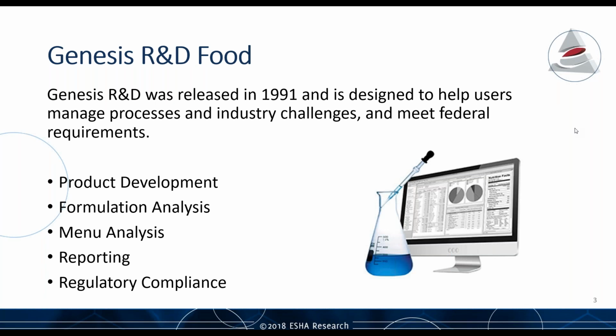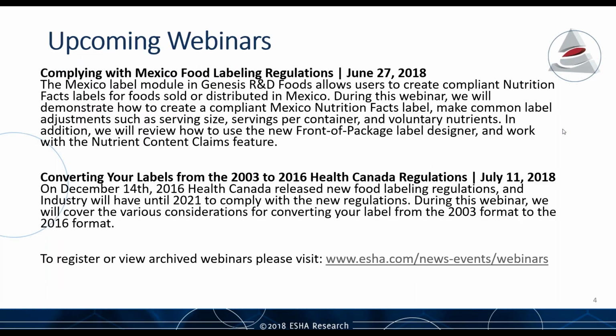Today, we're going to look at the Genesis Food application. Genesis Food was released in 1991 and is designed to help users manage processes and industry challenges, meet federal requirements, nutrition labels, menu analysis, reporting, and regulatory compliance. And of course, for today, we'll be focusing primarily on that menu labeling and restaurant regulations.